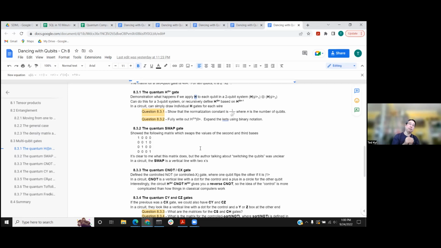I don't think you're literally swapping them, but you're producing an output that is computationally the same as swapping the two of them.